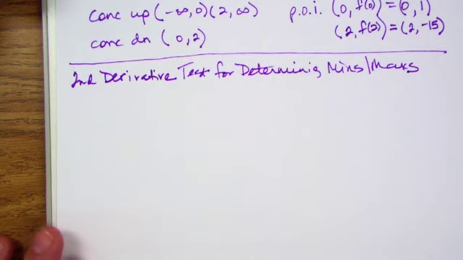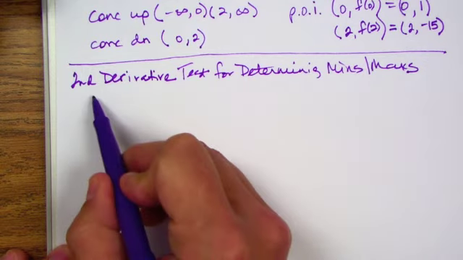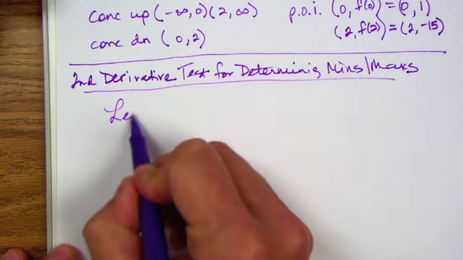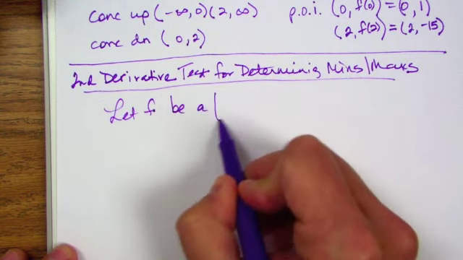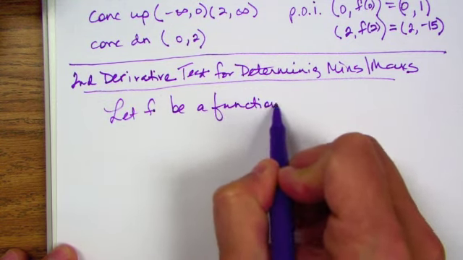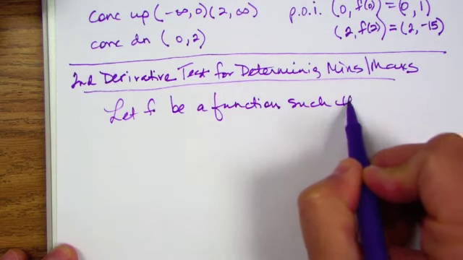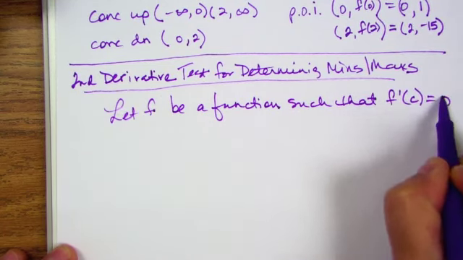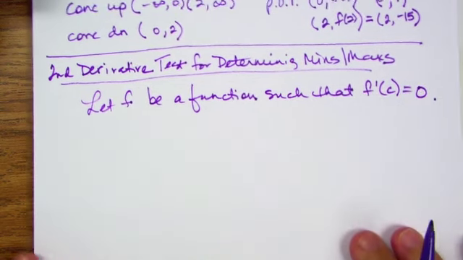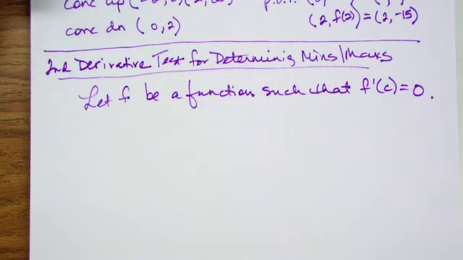Let f be a function such that f prime at c is equal to 0.